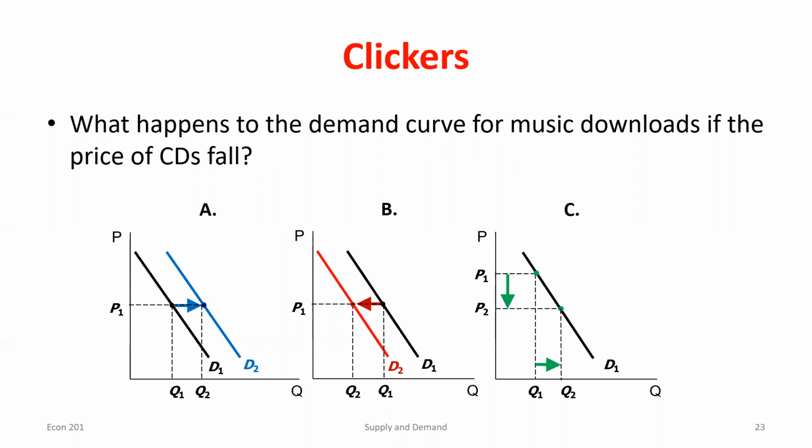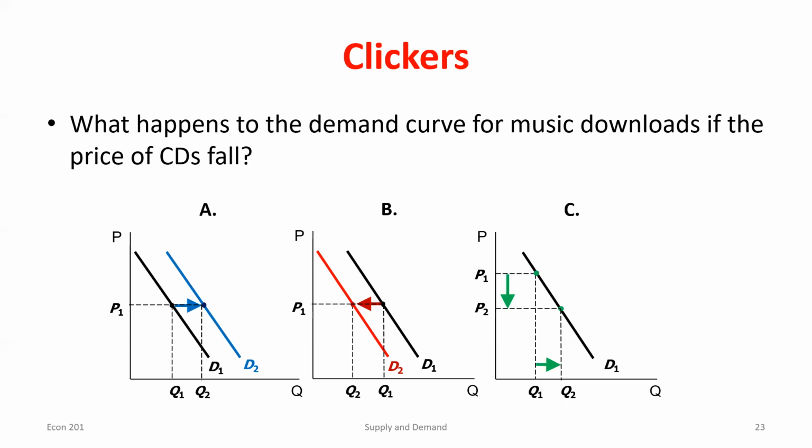What if we had music downloads and the price of CDs? Once again, a little bit of an aged example, no one's really buying them anymore. But what would happen to the demand for music downloads if the price of a substitute good went down? I could substitute away from downloading music and paying for it to purchasing a CD.